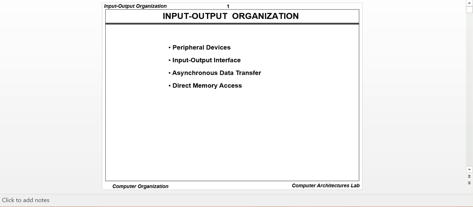All these things you would have studied in the previous chapters. So the last unit is about the memory and input-output organization. Before going into memory, we will just see input-output organization.